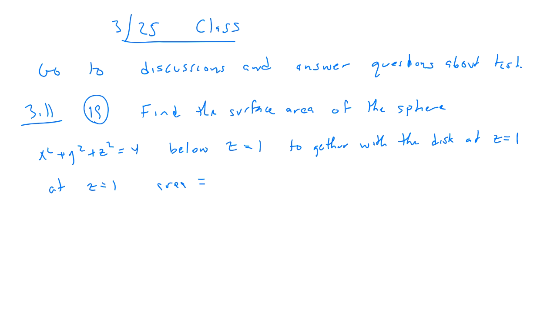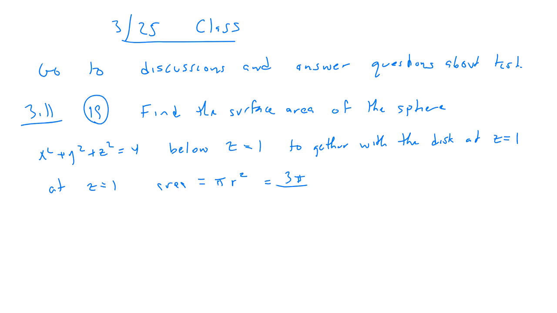So what is the area of that disk? It's just a circle, so therefore the area is pi r squared. Since the circle is x squared plus y squared is equal to 3, r squared is 3.